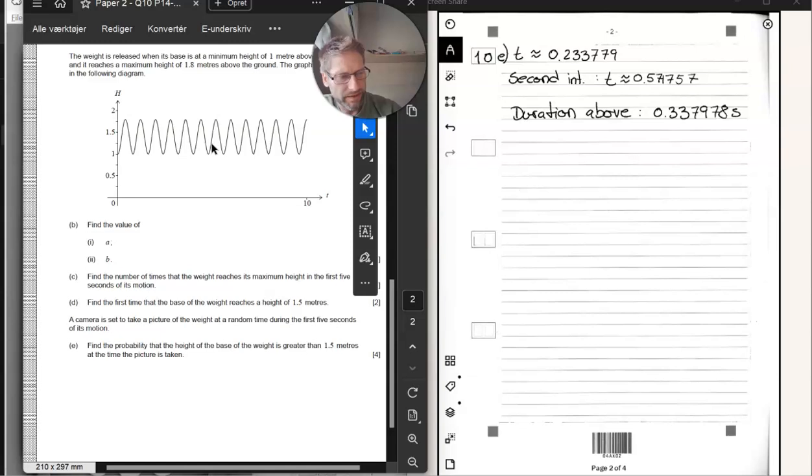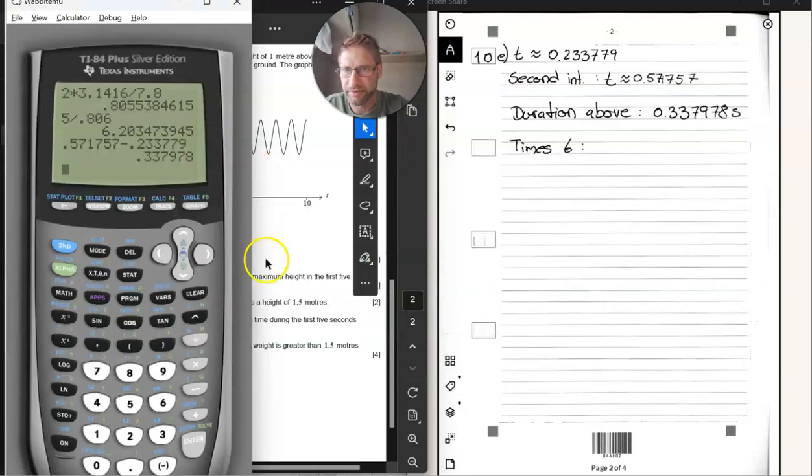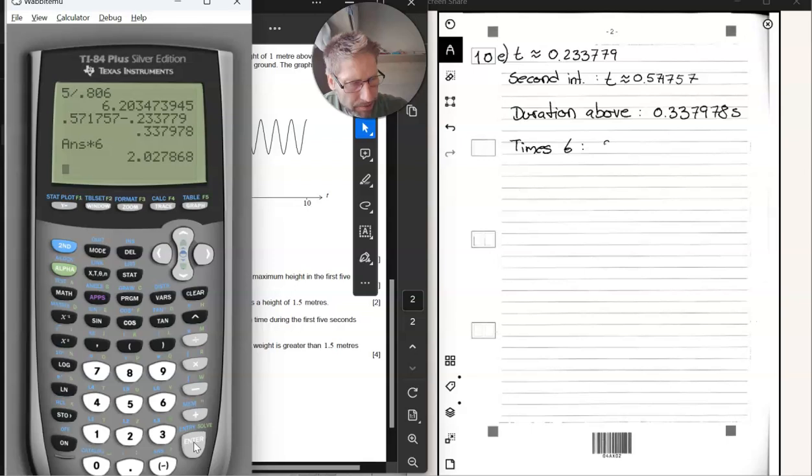So we can simply take this times 6, and that's easy to do on the calculator because we have the result here, which is multiplied by 6. And that's going to be 2.027868 seconds in total.